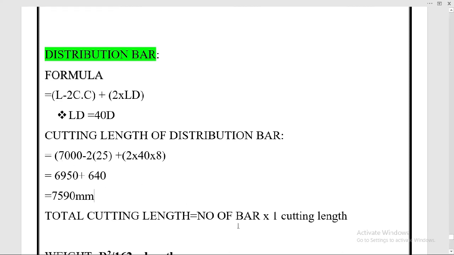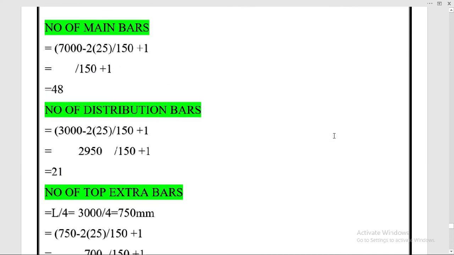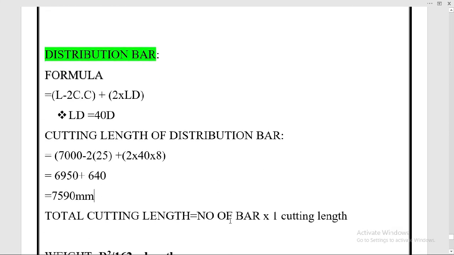To calculate the total cutting length of the distribution bars, we have the total number of distribution bars, 21. To multiply the one cutting length with the number of distribution bars, first we will divide it by 1000 to convert it into meter.